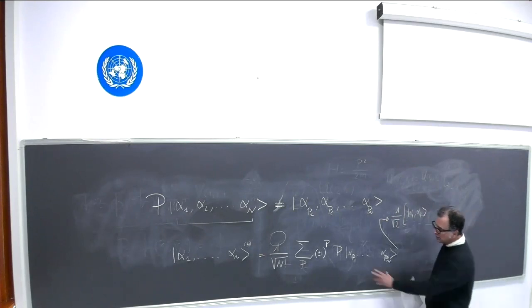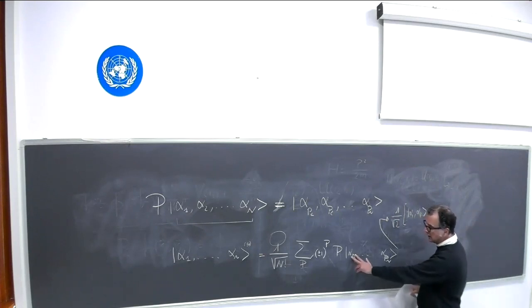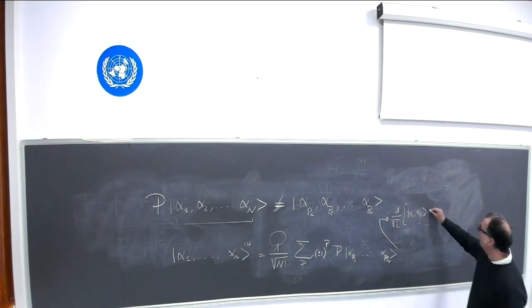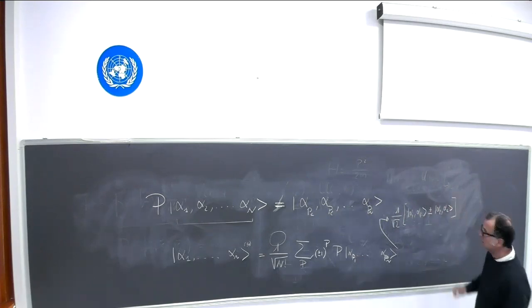Then the only other permutation that I can have with two particles is alpha 2, alpha 1, with plus or minus sign: plus or minus alpha 2, alpha 1.